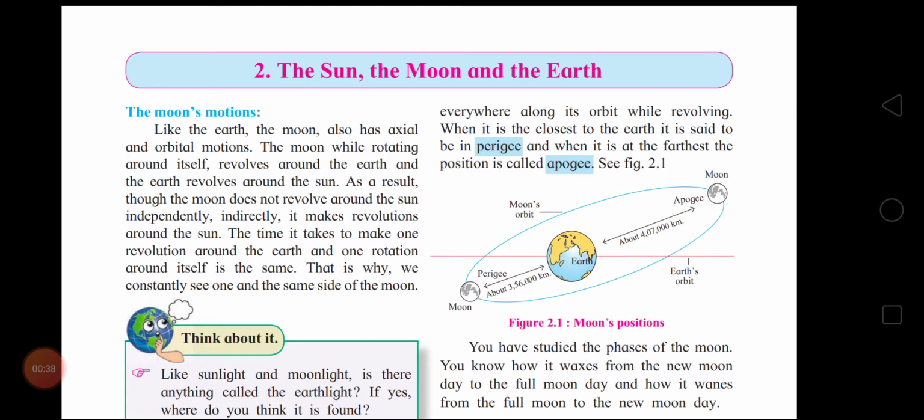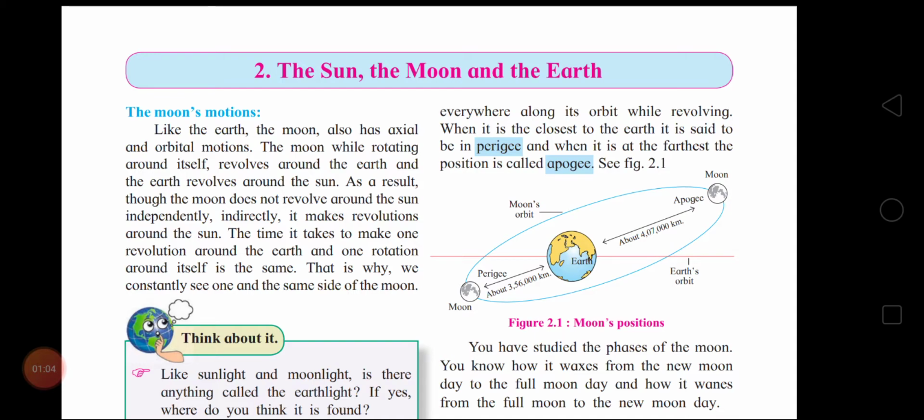As a result, though the Moon does not revolve around the Sun independently, indirectly it makes a revolution around the Sun. The time it takes to make one revolution around the Earth and one rotation around itself is the same. That is why we constantly see one and the same side of the moon.